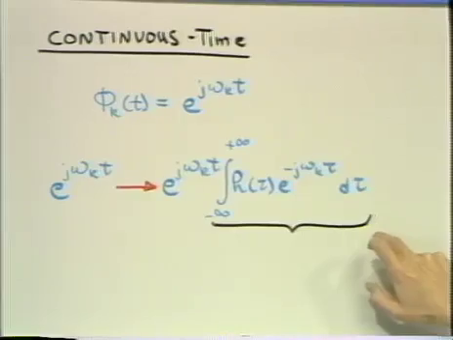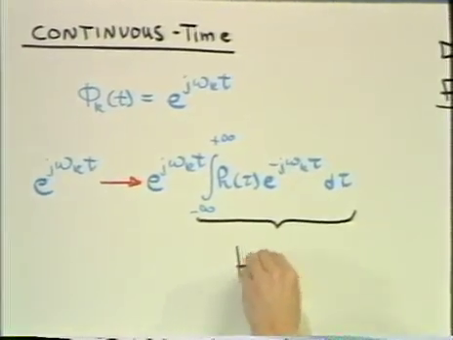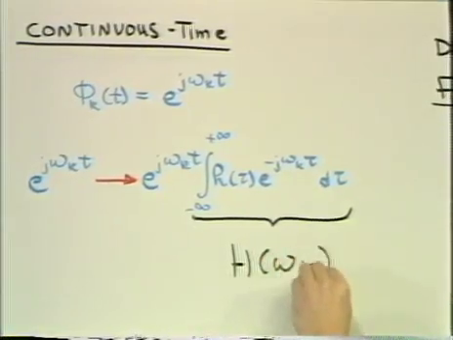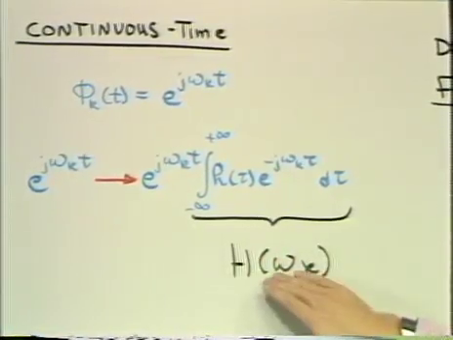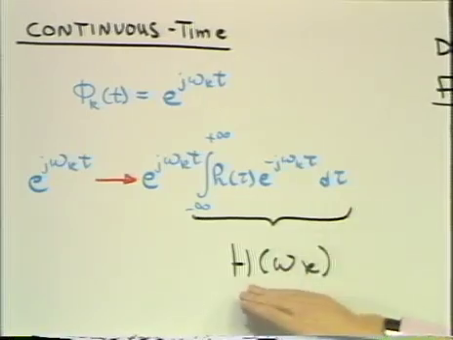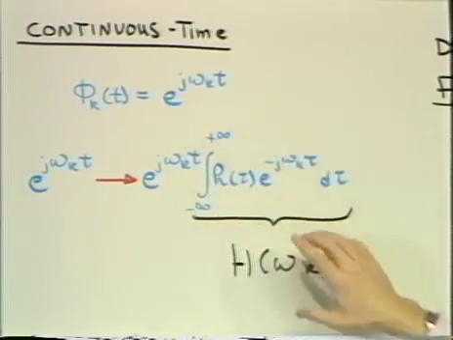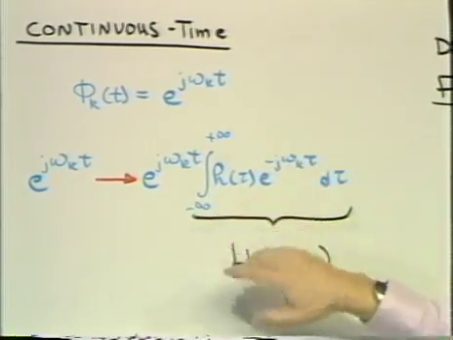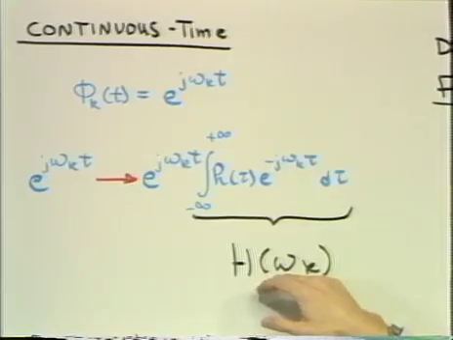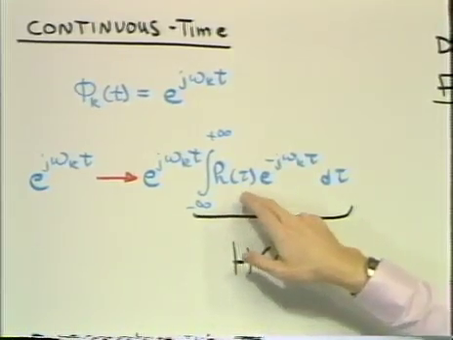And that change in complex amplitude is what we refer to as the frequency response of the system. And also, as it developed later, that frequency response, as you should now recognize from this expression, is in fact the continuous time Fourier transform of the system impulse response.